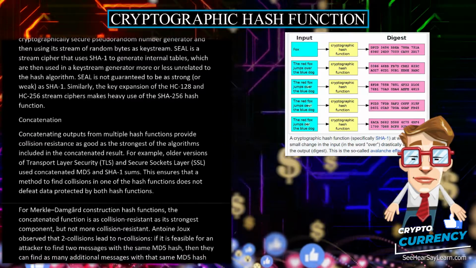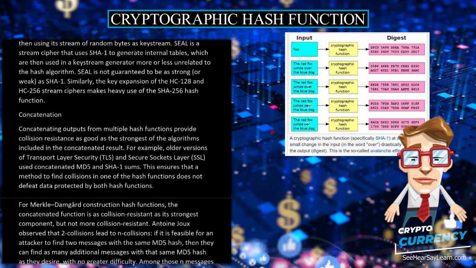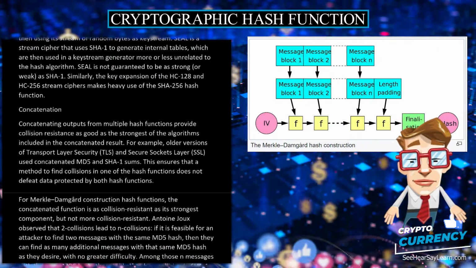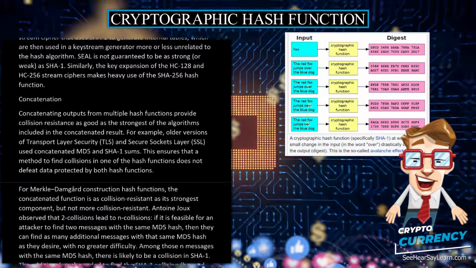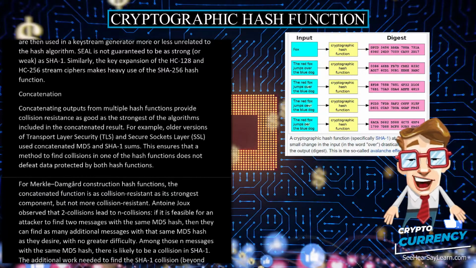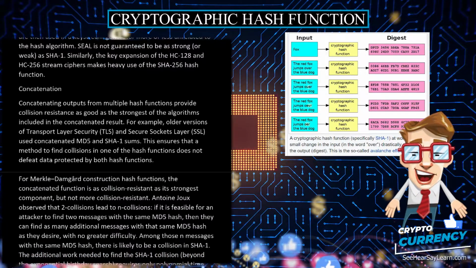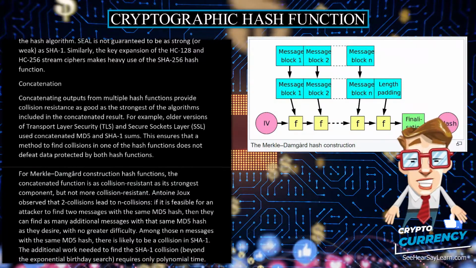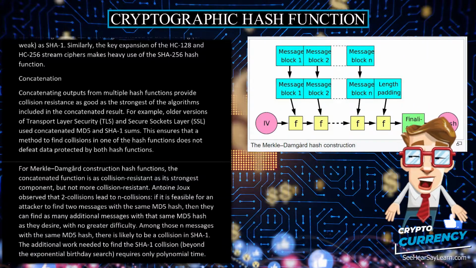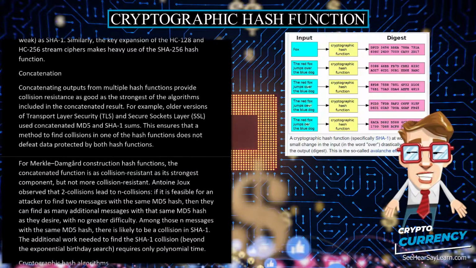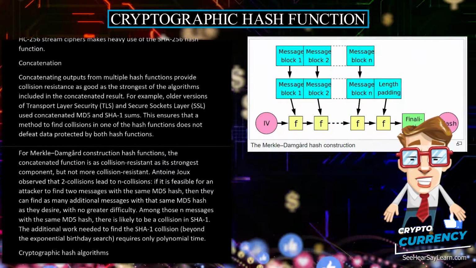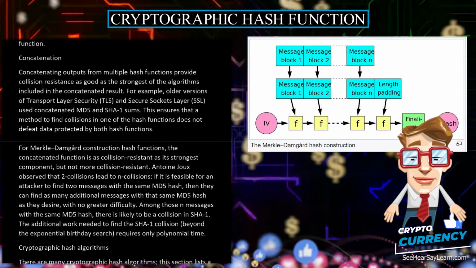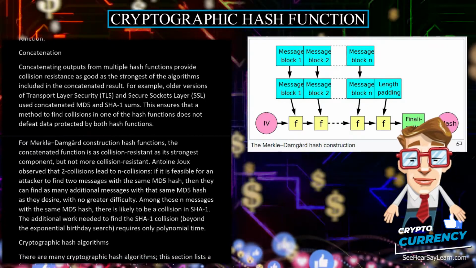MD5 was designed by Ronald Rivest in 1991 to replace an earlier hash function MD4 and was specified in 1992 as RFC 1321. Collisions against MD5 can be calculated within seconds, which makes the algorithm unsuitable for most use cases where a cryptographic hash is required. MD5 produces a digest of 128 bits, 16 bytes.